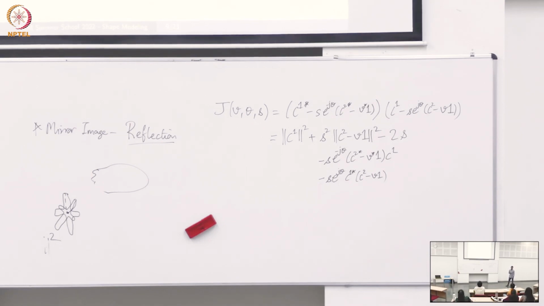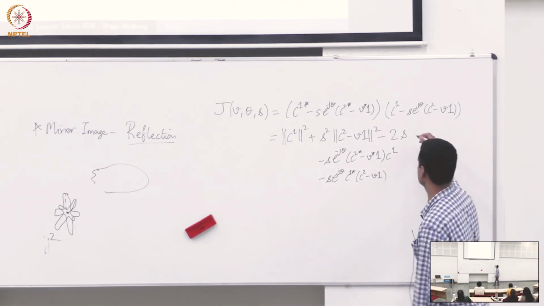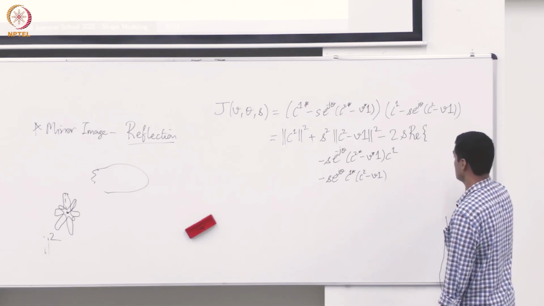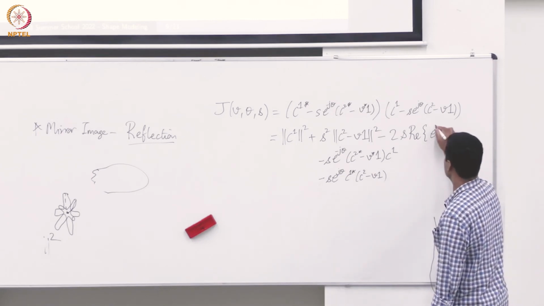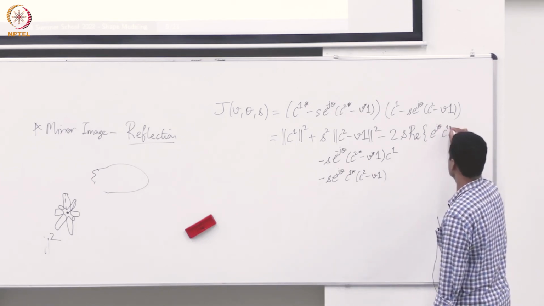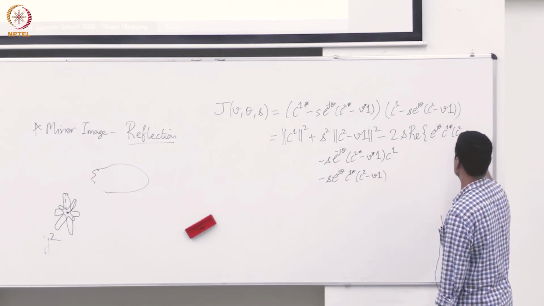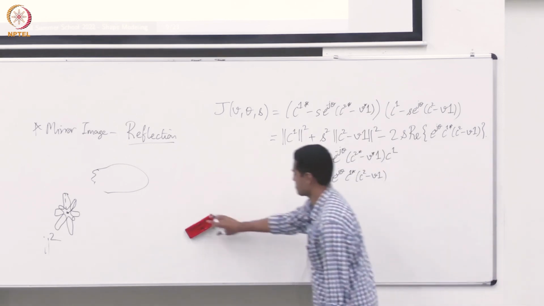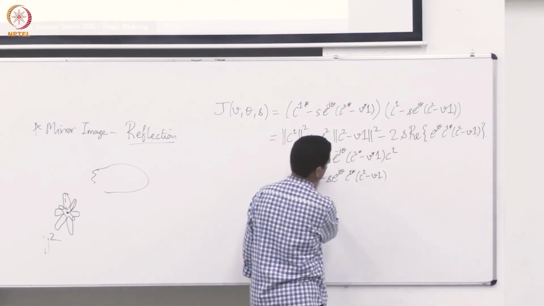No, they are just complex conjugates of each other. So when you add them, only real parts remain, thank you. So 2 S times the real part of e raised to j theta C1 star into C2 minus V1.